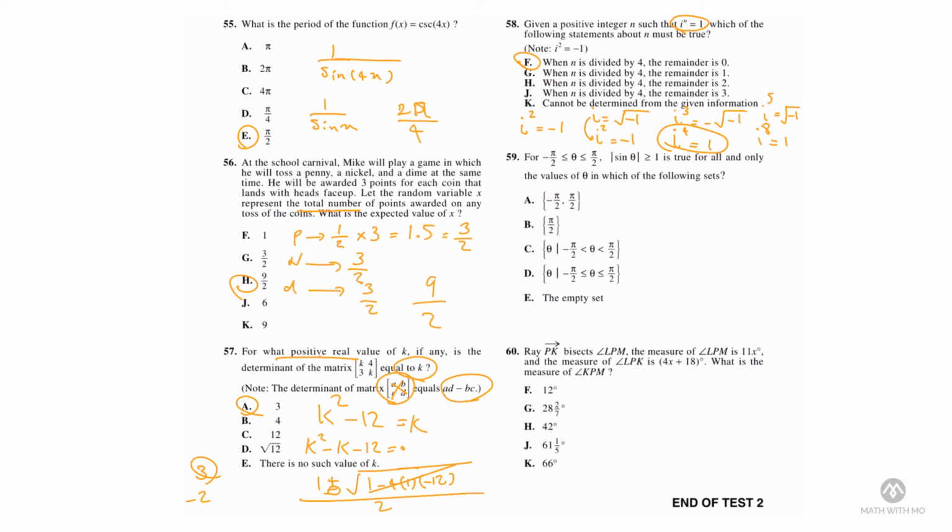For theta between minus pi over 2 and pi over 2, the absolute value of sine theta is bigger than or equal to 1. It is true for all and only the values of theta in which of the following sets?